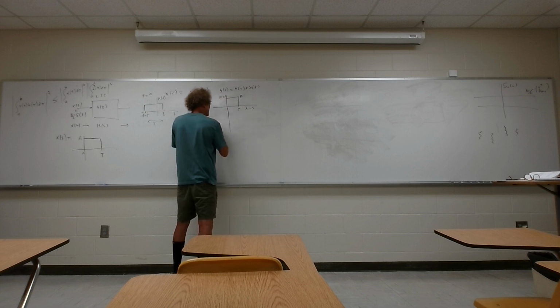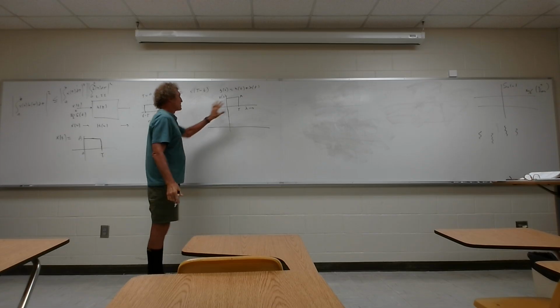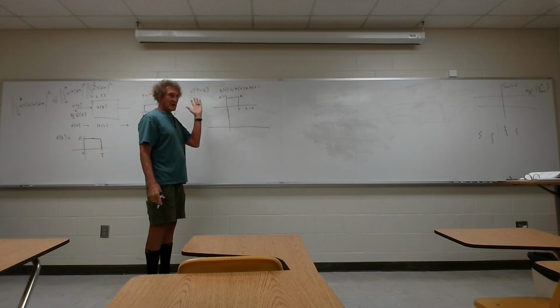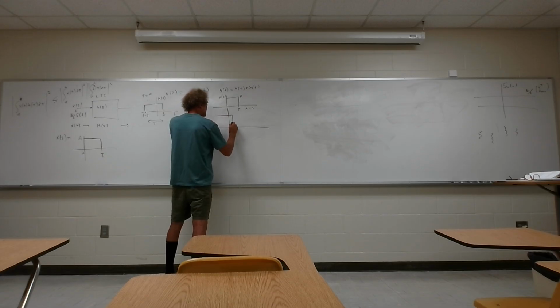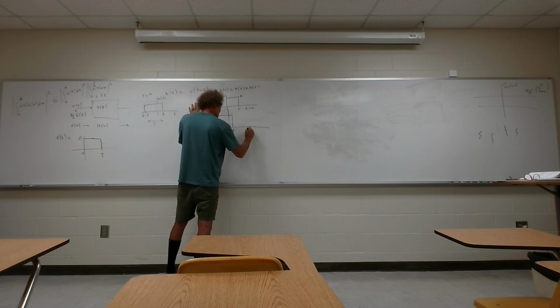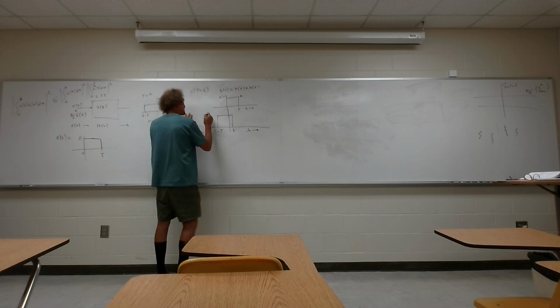Now below it, I take this pulse and I flip it, and then I shift it. So this one is going to look like, and I'll use small t here because you're used to seeing this. It's still versus lambda, and this is basically x of t minus lambda.